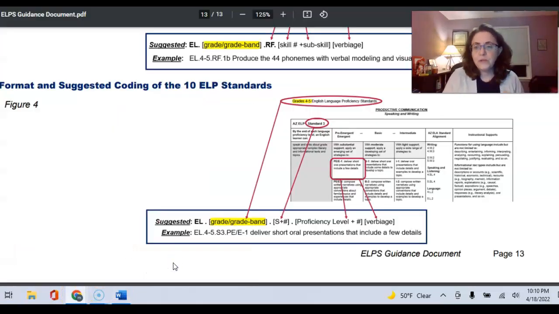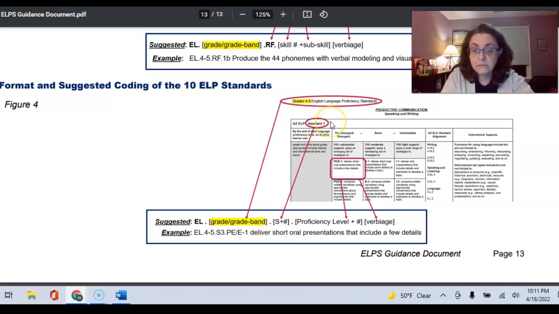Okay, so when you write these out, you want to start out with EL. That's different than English Language Arts. And then the grade level. So is it first grade through 5th? Whatever the grade level band is. Which set of standards does it come from? And then the next part is the standard.